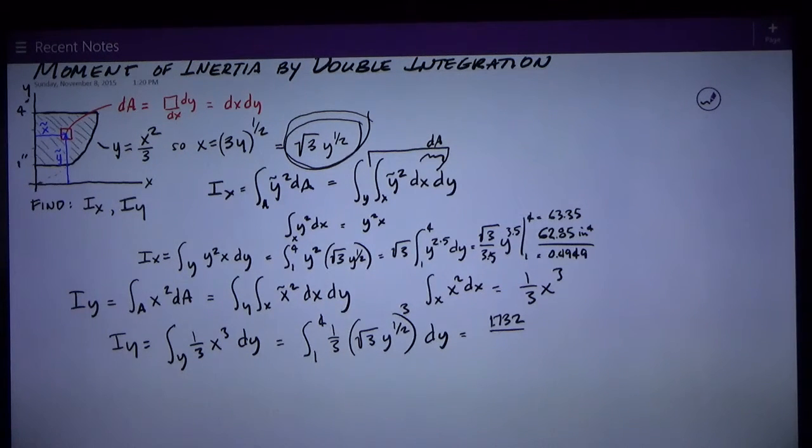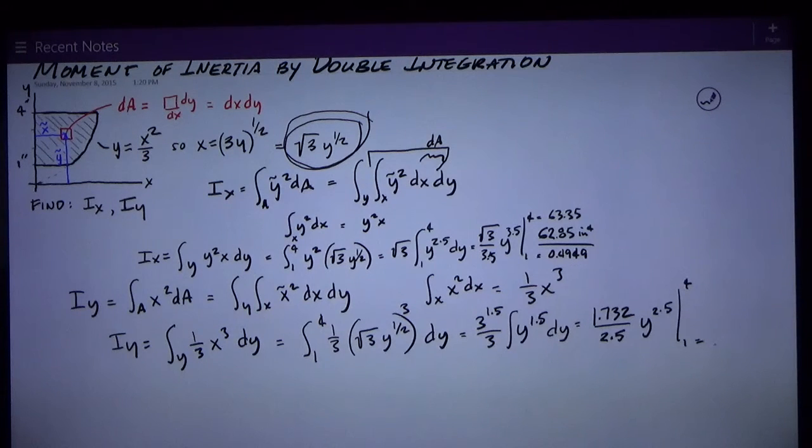Sorry, let me go back and erase that. It works out to be 3 to the 1.5 power divided by 3, times the integral of y to the 1.5 power, which evaluates to 1.732 over 2.5, y to the 2.5 power, evaluated from 1 to 4.